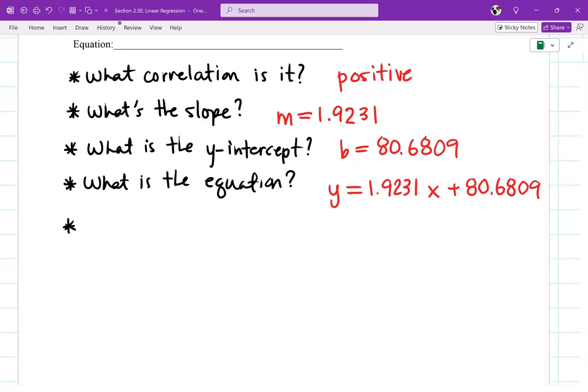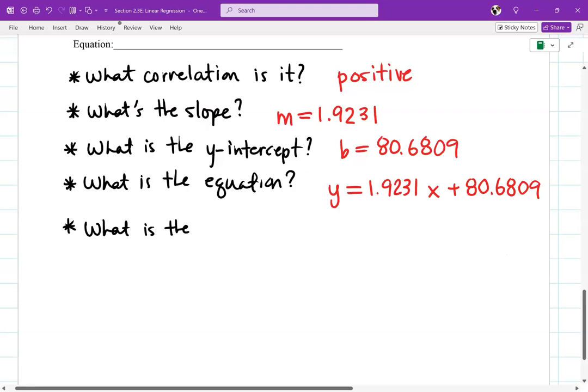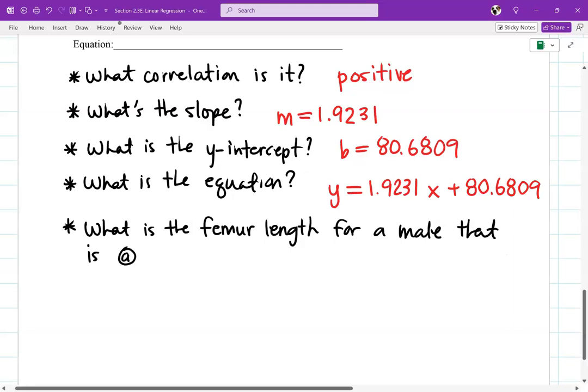What is the femur length for a male that is, and we're going to do a part A and B here, A, 180 centimeters, and B, 140 centimeters.